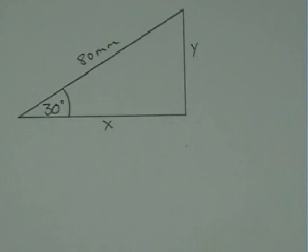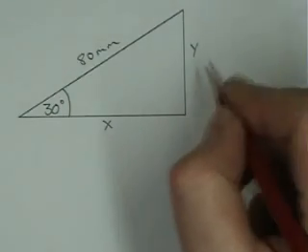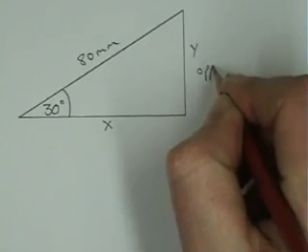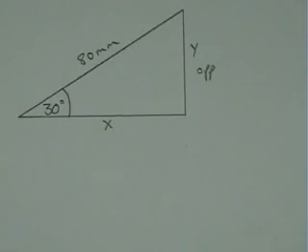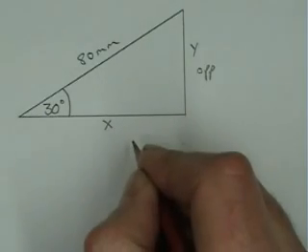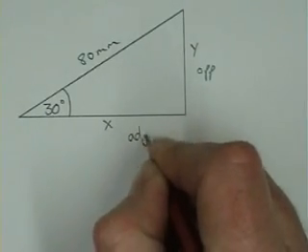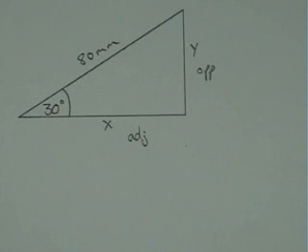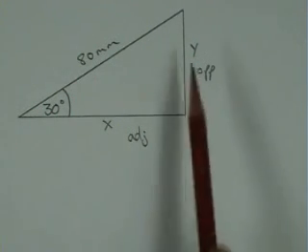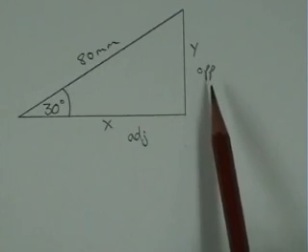So if we do the y first, y of course is the opposite side to the angle that's given, 30 degrees, and x is the adjacent side to the angle that's being given. So if I want to find y, that's the opposite.